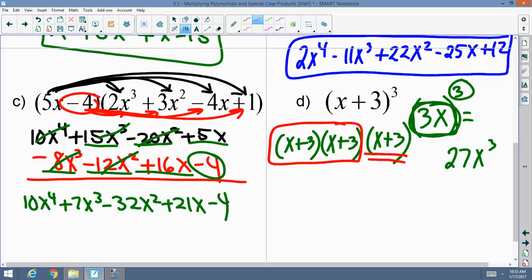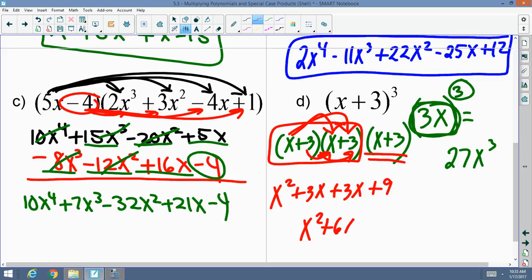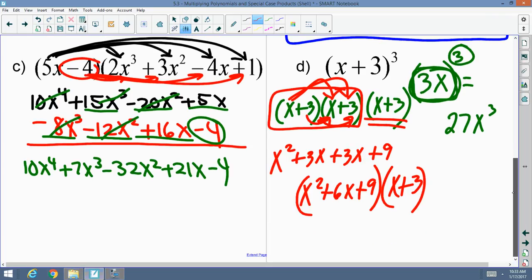So x plus 3 times x plus 3, we got x times x, which is x squared, plus 3x, plus 3x, plus 9, which gives me x squared plus 6x plus 9, now times x plus 3. So now I have x squared times x, which is x cubed, x squared times 3, which is 3x squared.